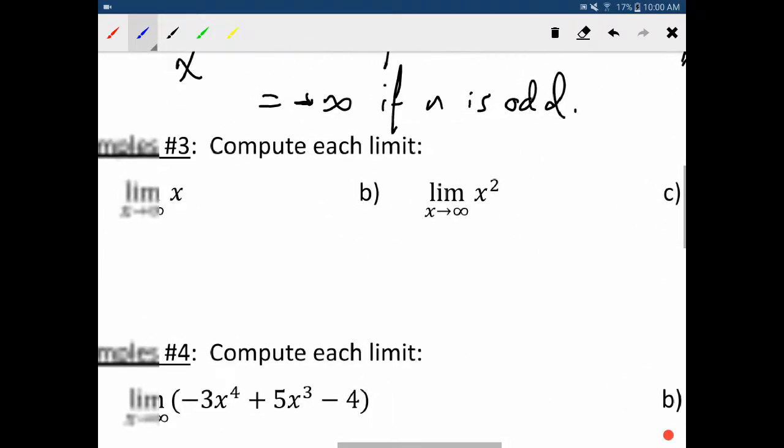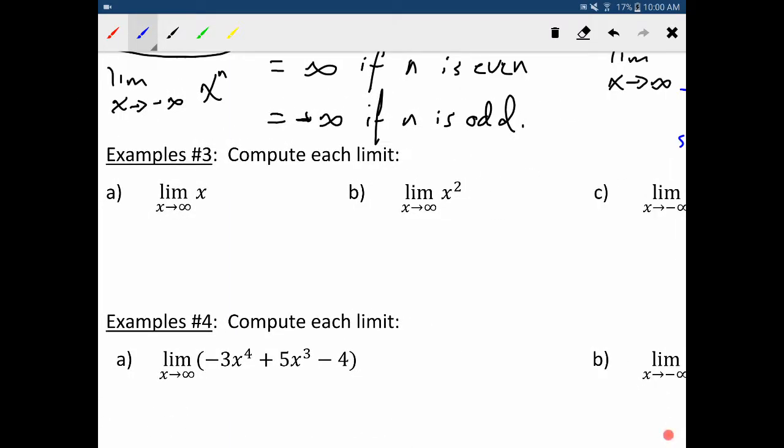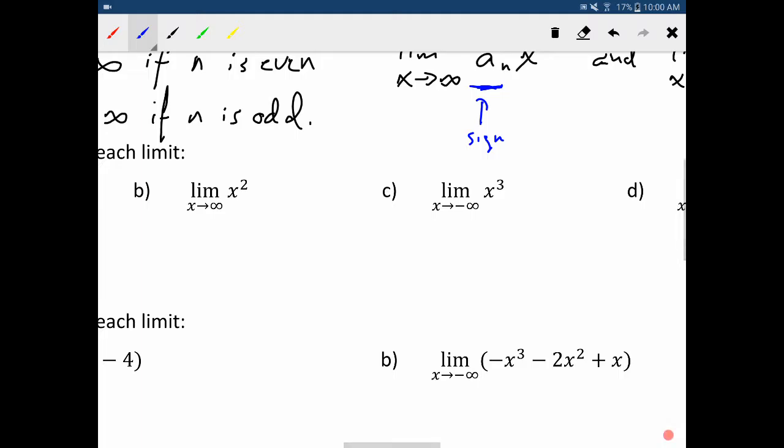So we're just going to quickly do a couple of examples here. If we've got x as it approaches infinity, this is an odd function, so it is going to equal infinity. As I said before, technically that doesn't exist, but we'll just ignore that. The limit as x approaches infinity of x squared is also just going to equal infinity.